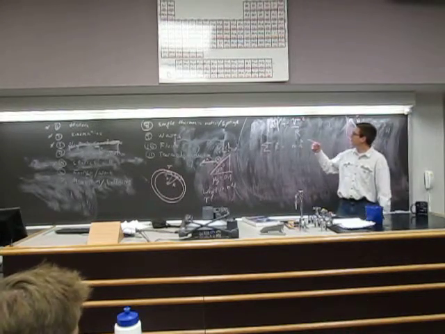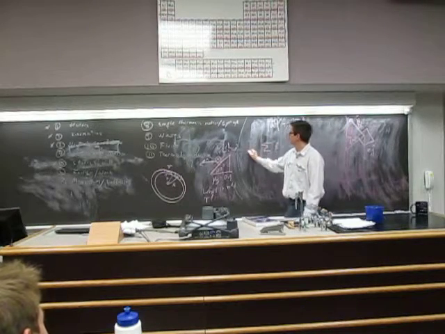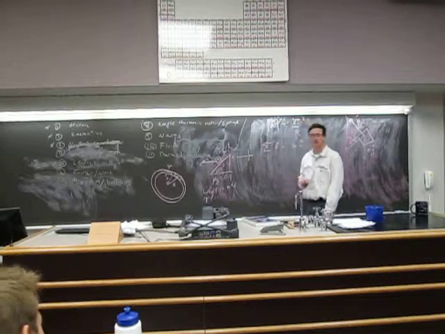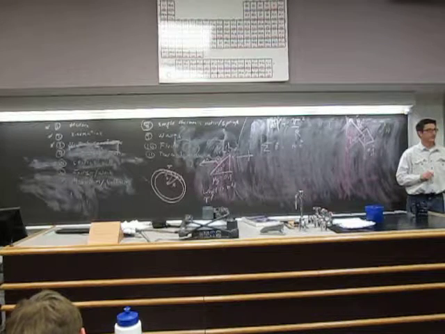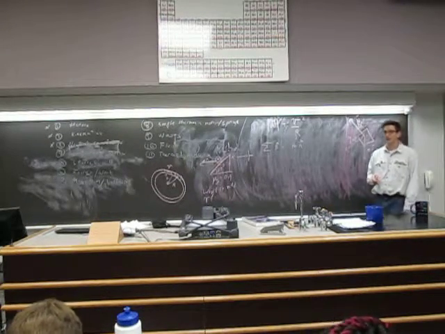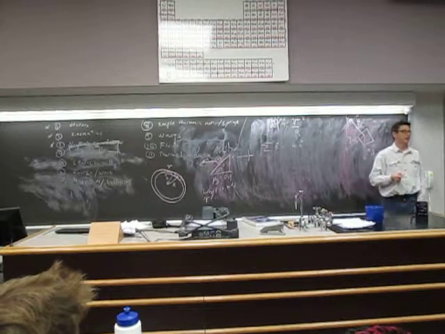So, I'm going to call that the X direction. Doesn't matter what I call it, as long as I'm consistent. See if you can do it your way, by the way, and see if you can get the answer that I'm going to get, okay?